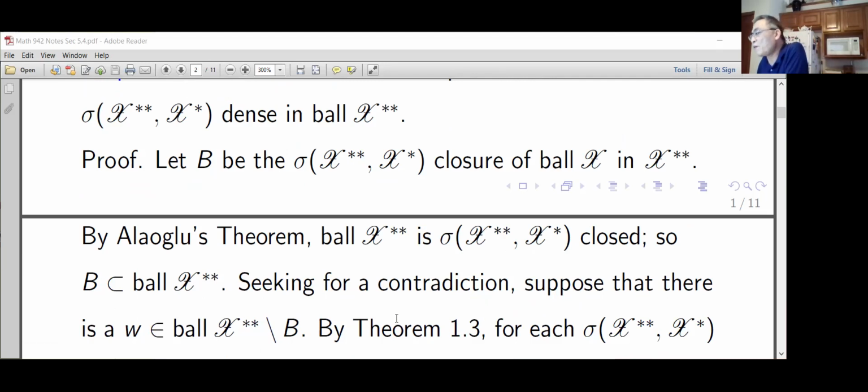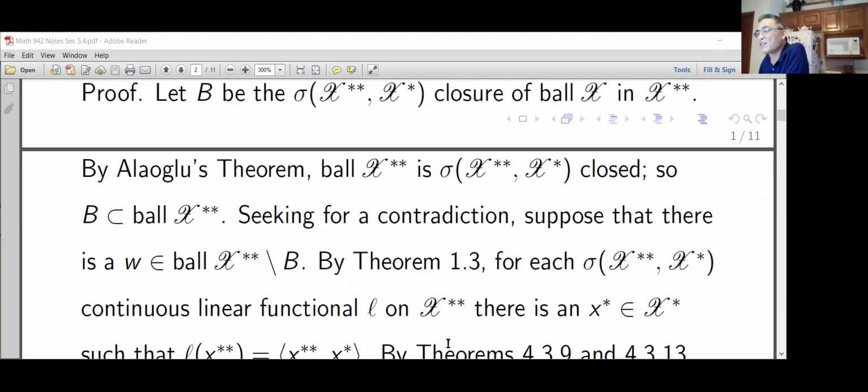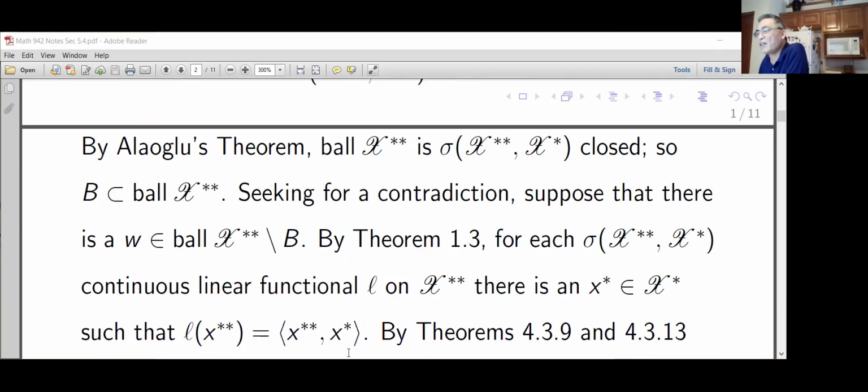By theorem 1-3, for each continuous linear functional L on X double star, there is an x* in X star such that L is given by x*.